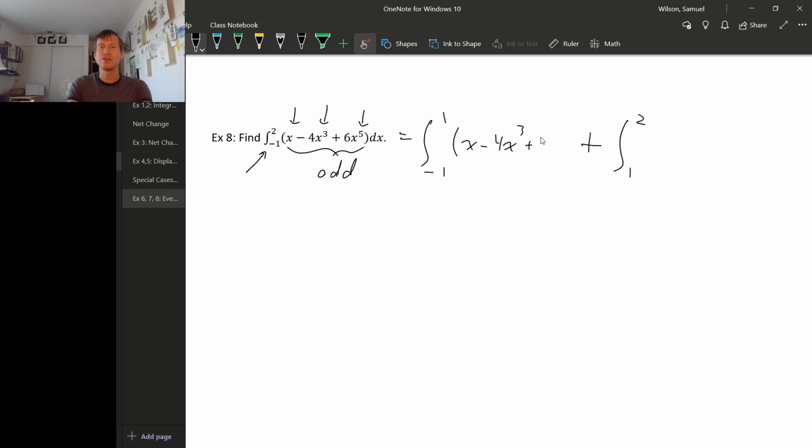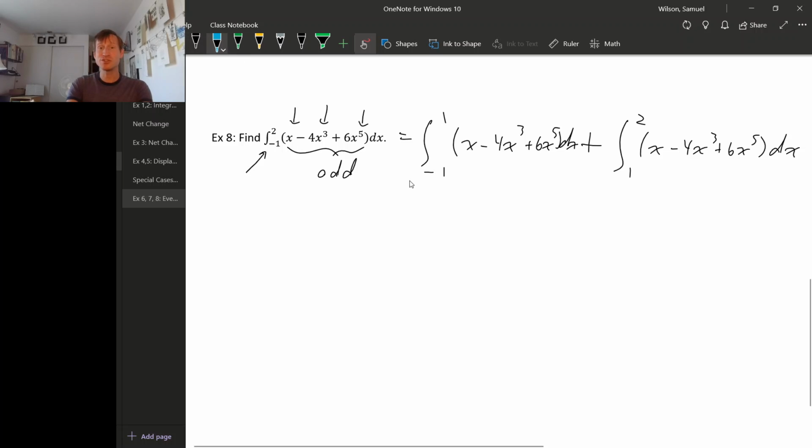This is one of those properties of integrals, that you can split up the bounds for an integral if you want. And the integrand for both of these is the same, x minus 4x cubed plus 6x to the 5th dx.